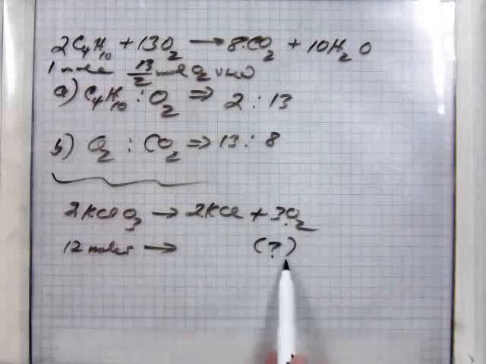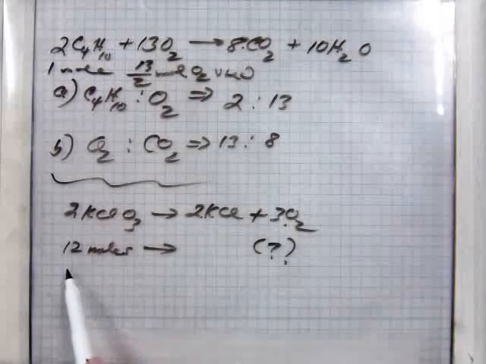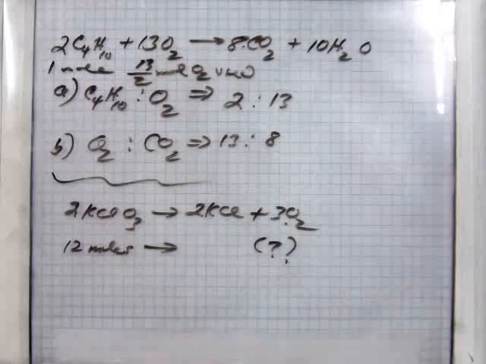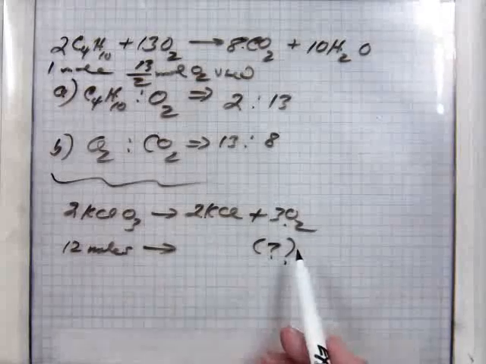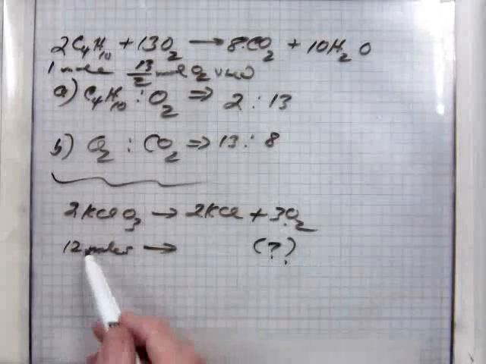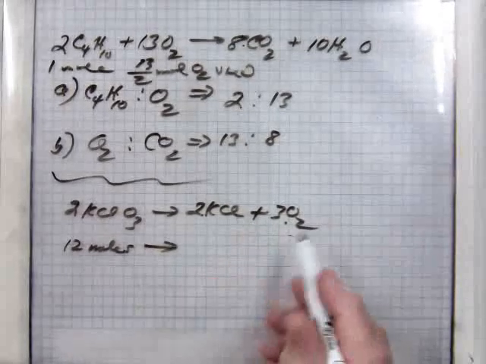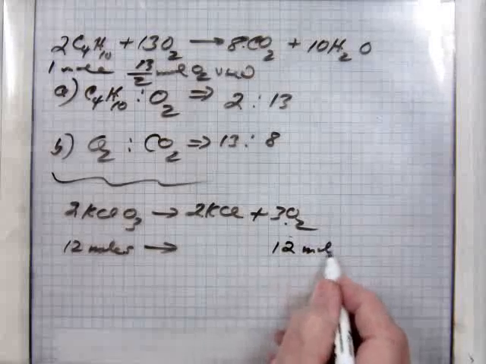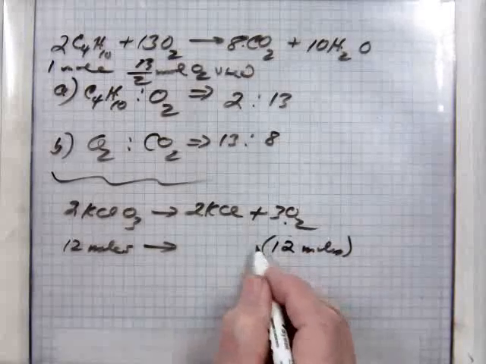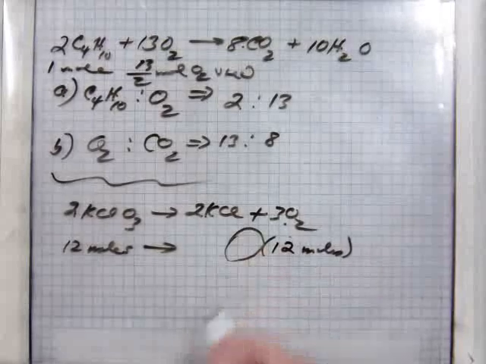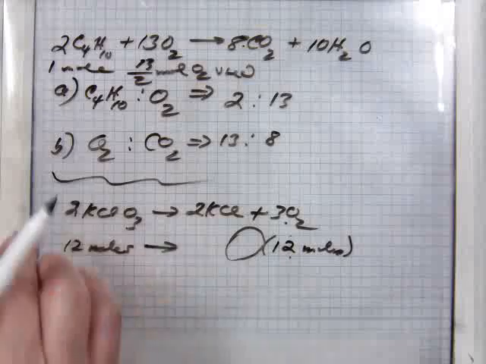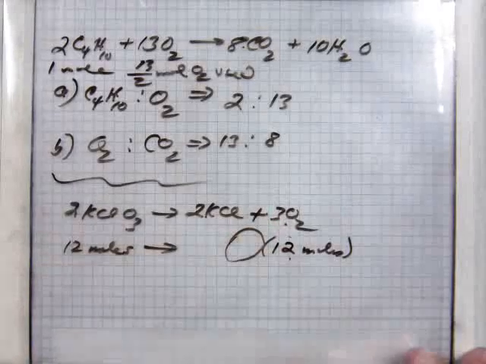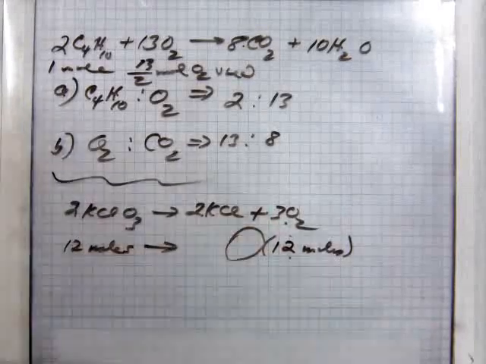Then whatever you calculate better be bigger than 12. Logical? Okay. So by how much? You want this number to go up, right? You want something here that will make that a bigger number, if you take the coefficients and make a ratio out of those coefficients such that it makes this number bigger.